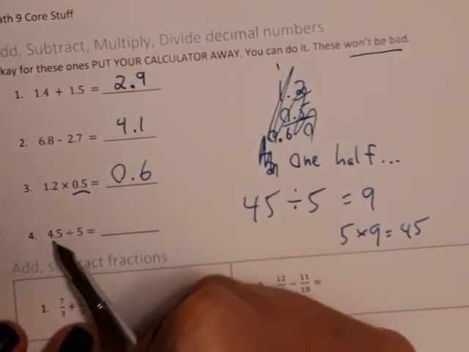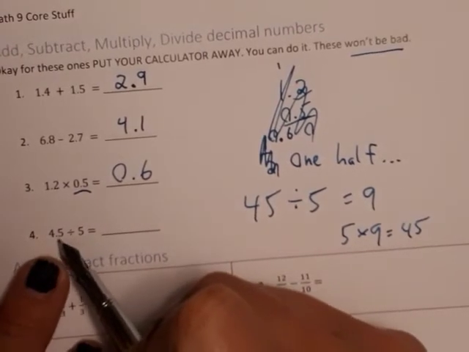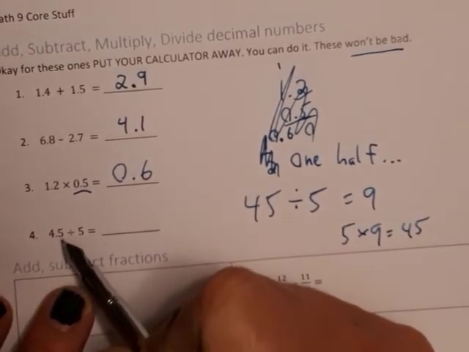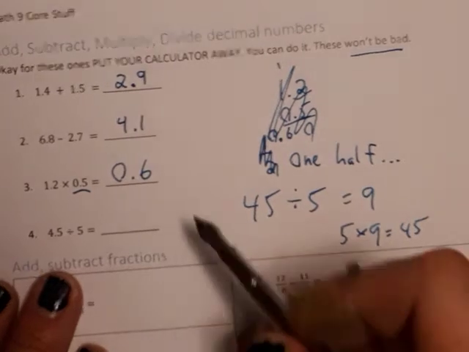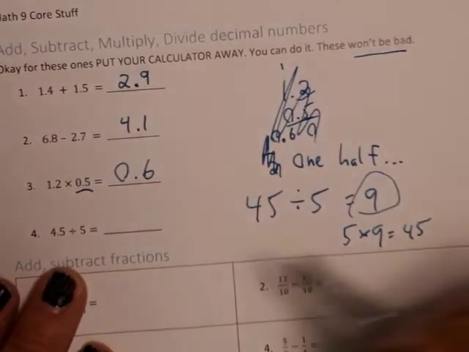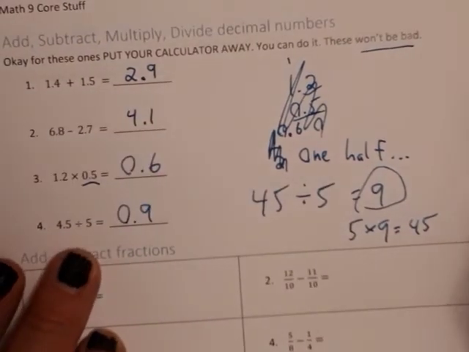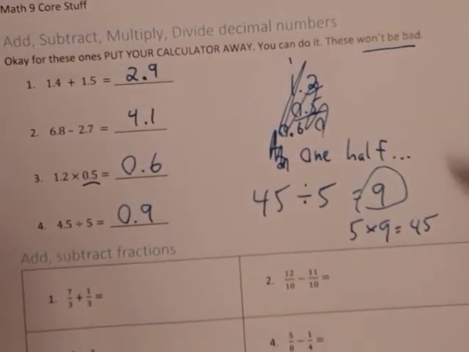But this is not 45, it's 4.5. So how many we got? Well, we got 45 tenths, and we're dividing them up by 5, so how many tenths are we going to have? This many, 9. There we go. So this is going to be 0.9. And you know, that's all it is. You just got to think about it.